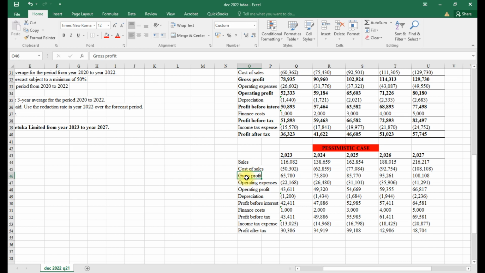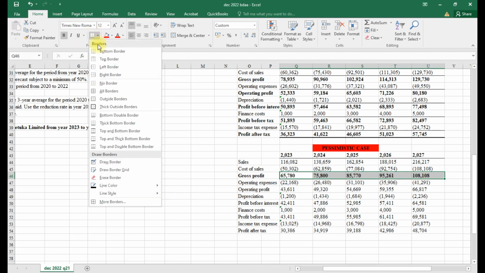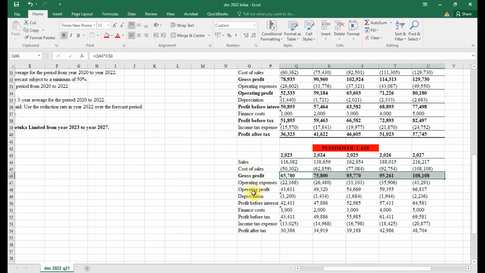So the gross profit, I'll bold this value, use top border, and for the operating profit, bold this, and use top border again.